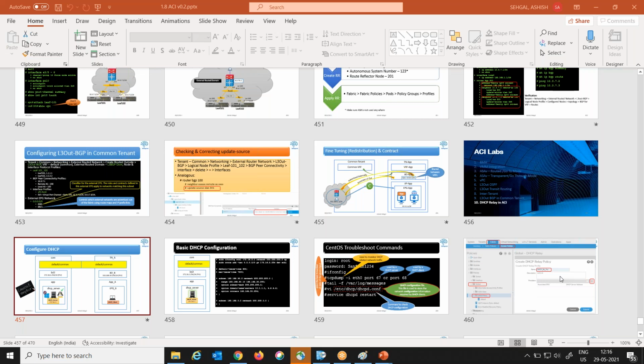Cloud, according to me, is software based: not only networking, but software based compute, software based networking, software based wide area networking, everything. Cloud means anything available anywhere with the same latency.